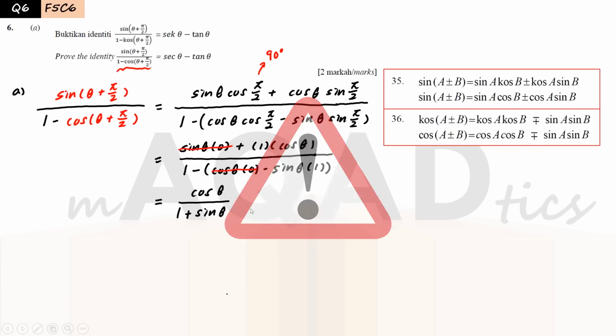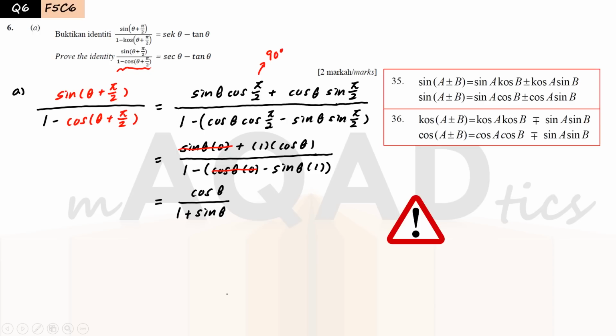Alright, so this is the reason why I said this is the hardest, because this technique is quite rare to prove this equation, which is we are going to apply the conjugate. It is like when we are solving surd questions, right? We need to apply a conjugate to remove the square root.